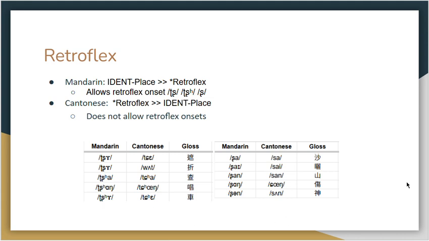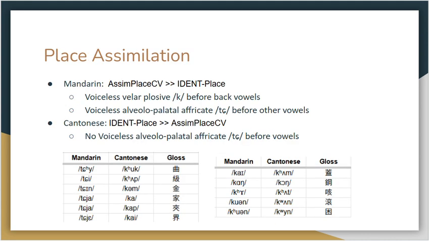And these are simple examples where the retroflex position was moved to the alveolar or palatal. And then we come to place assimilation, where we observe that the k sound sometimes becomes a g sound in Mandarin. I observed that it's because these sounds are not before back vowels. When the onset in Mandarin is before back vowels, the onset is a k sound.